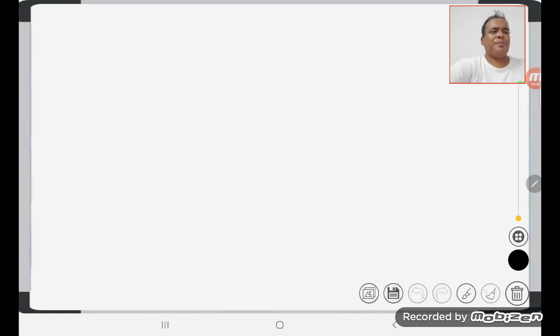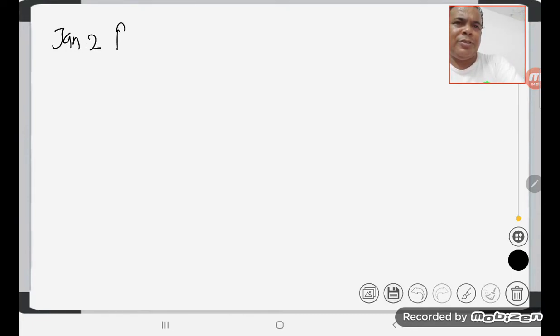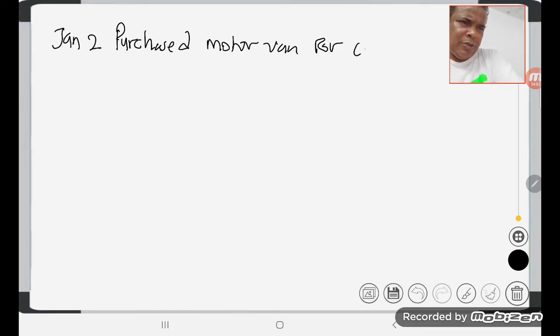Let's see this one. January 2. Purchase motor van for $18,000.